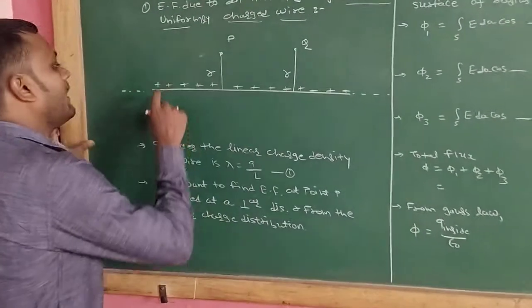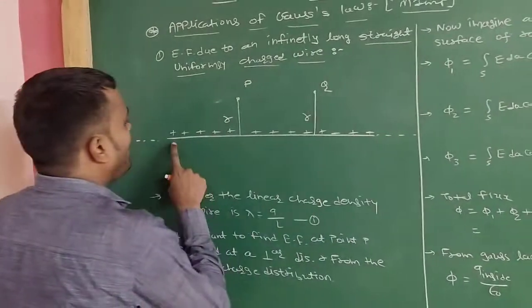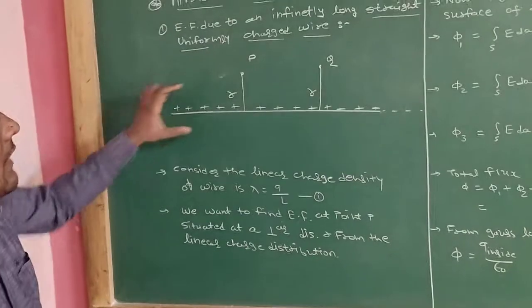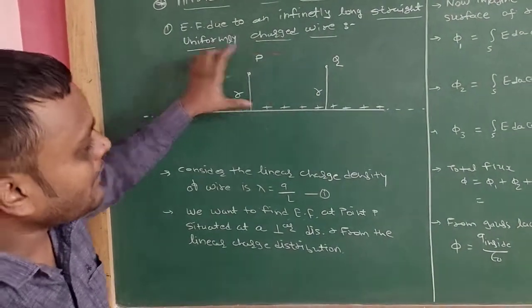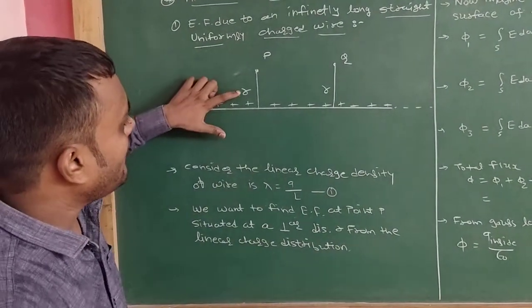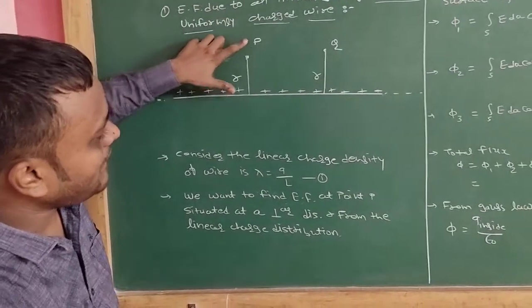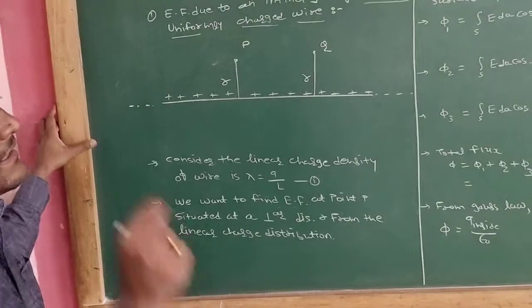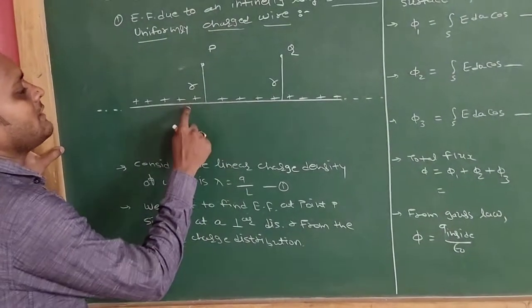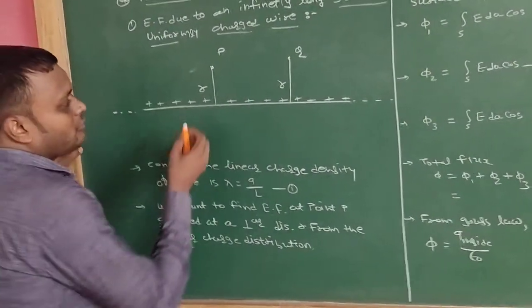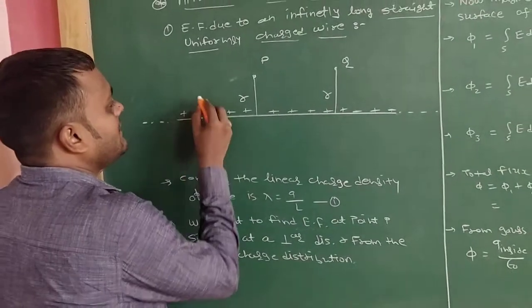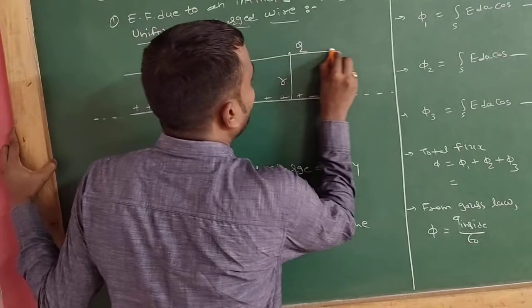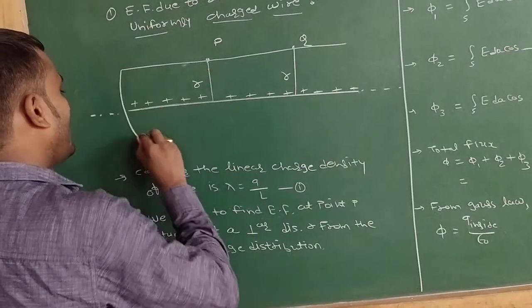From the given data, if we draw a uniformly positively charged wire, and select different points at a distance r, that is P, Q and R, so on, then P and Q are at the same distance from the center of the wire. So we imagine a boundary like a cylindrical Gaussian surface to enclose the charge.